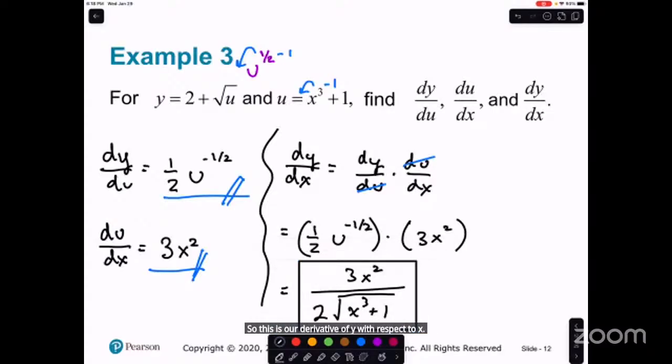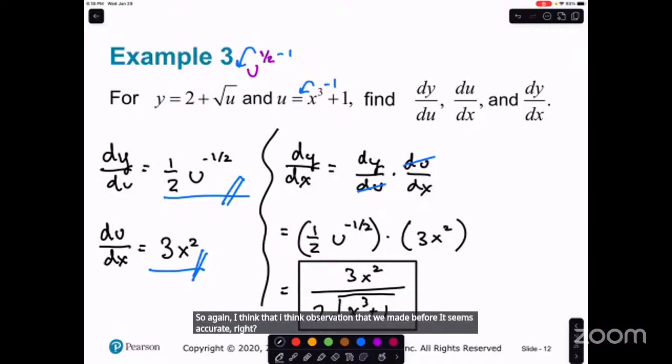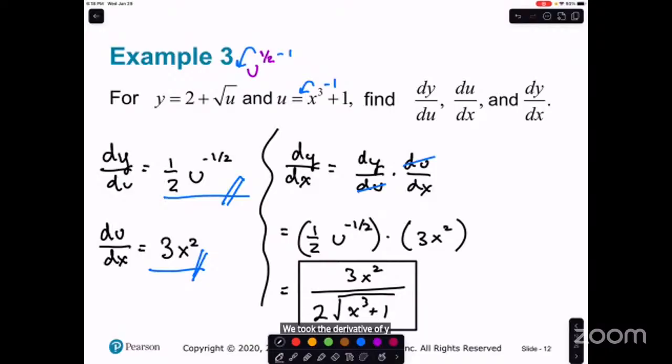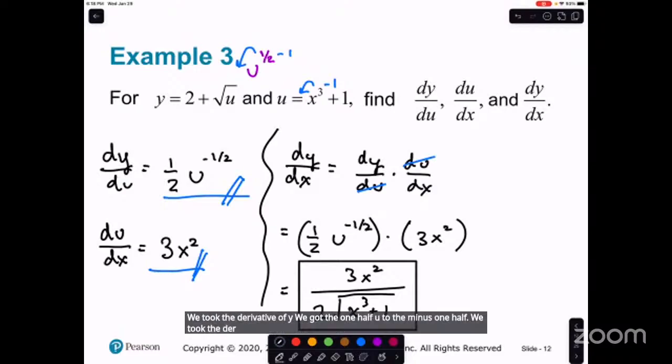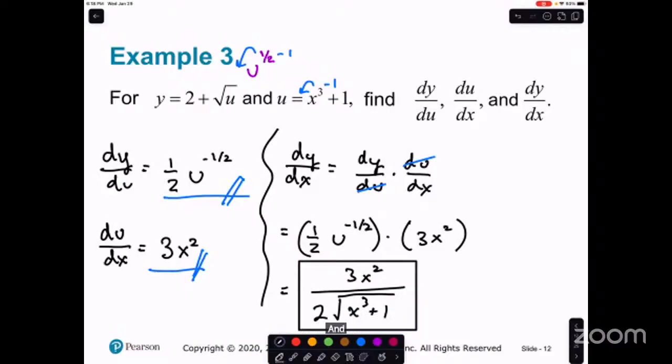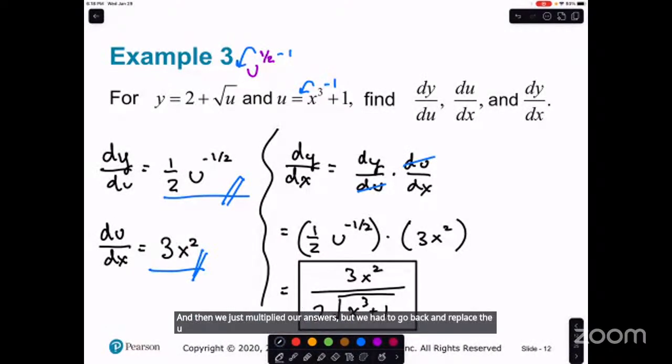Again, I think that observation we made before seems accurate, right? We took the derivative of y and got 1/2 u to the minus 1/2. We took the derivative of u, got that answer, and then just multiplied our answers, but we had to go back and replace the u with the full function.